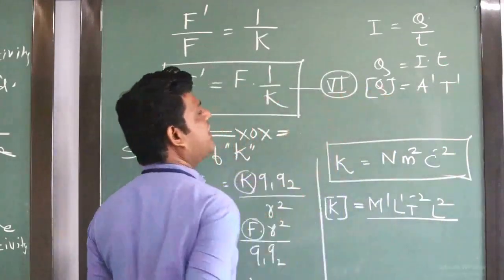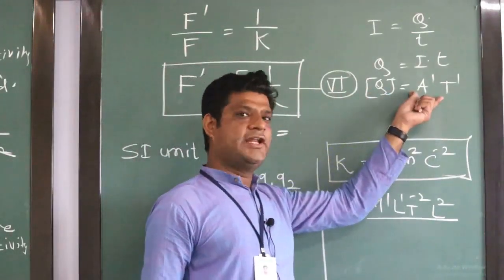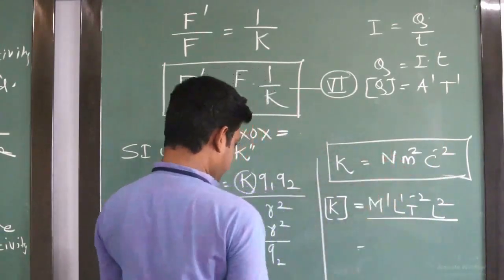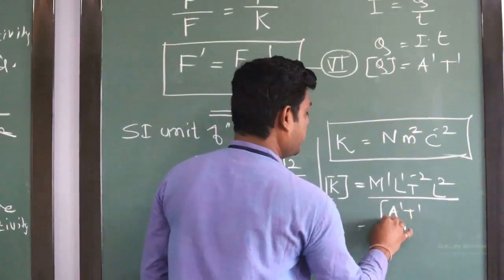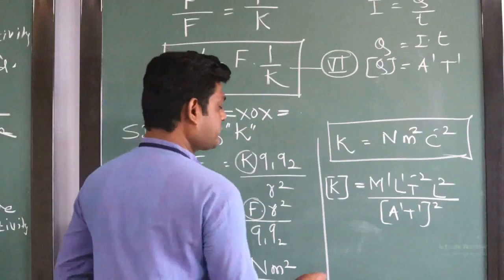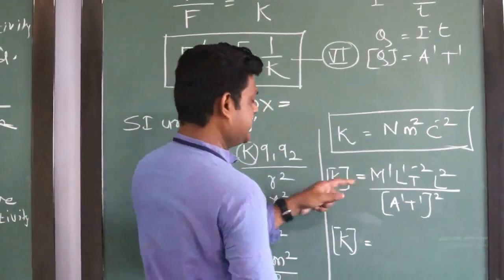So the dimensional formula for Q is A raised to 1 T raised to 1. Putting the values over here for 2 times, that is A raised to 1 T raised to 1, 2 times.